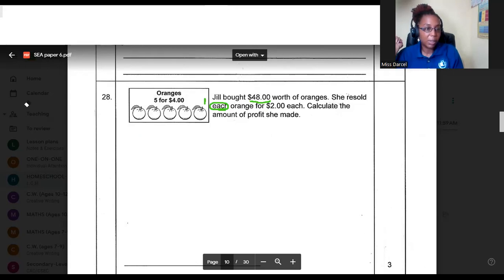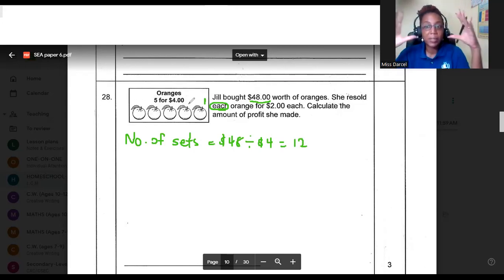So we have a number of sets. So we have $48 divided by $4. And that's 12 sets. So she had to buy 12 sets of 5 to get to $48.